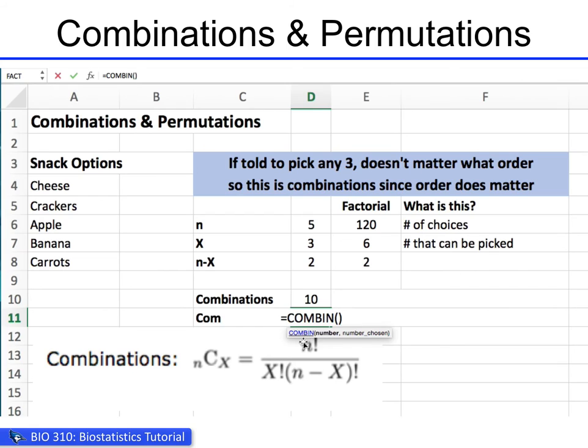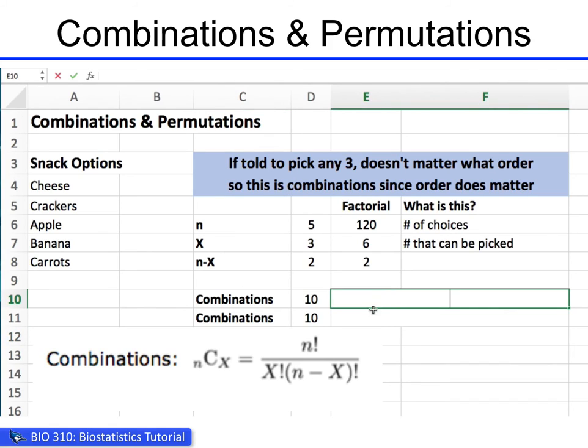Okay, so the format that this formula has to be in is COMBIN, then in parentheses, the number, comma, and the number chosen. Okay, so that's going to be n, comma, and the number that can be chosen. So 10. So you can see that doing this either way is going to get you the same answer.